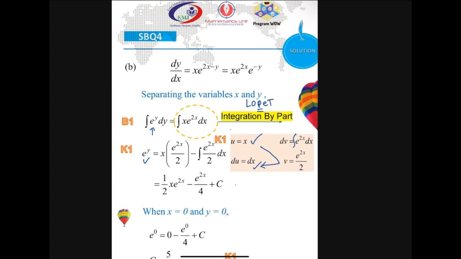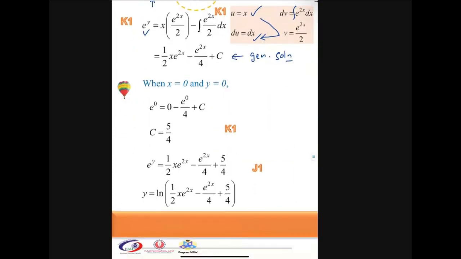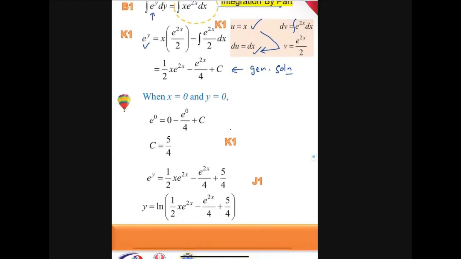Okay, this is the general solution. But the question provides us with an extra initial condition. When x is 0, y is also 0, which means we have to find the particular solution. So directly substitute x and y as 0 to find the value for c.